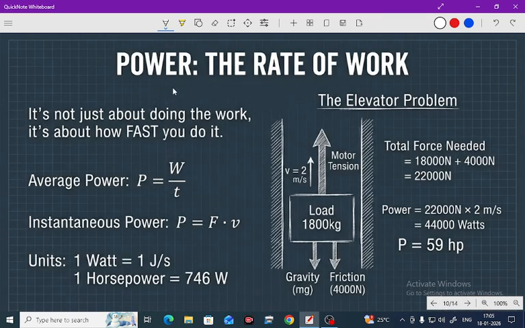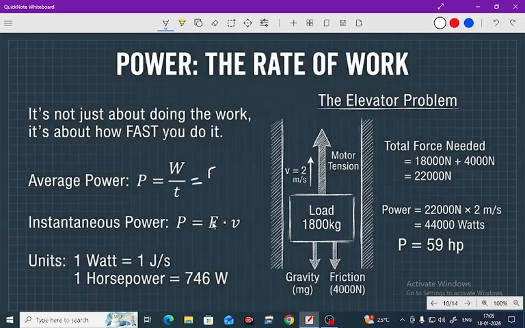This one is power, the rate of work. It is not just about doing the work, it is about how fast you do it. Average power equals work done divided by time taken. Instantaneous power is P equals F dot V. How did this F dot V come?